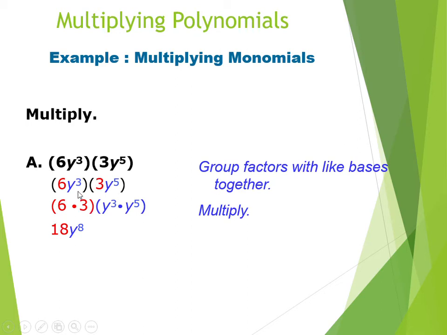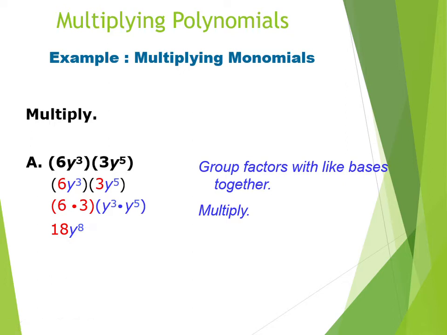And since, again, the rule for multiplying polynomials is to copy the variable, we copy the variable y since they are the same, as you can see here, y cubed and y raised to 5. For the exponents, you just need to add 3 plus 5, which is 8. So the result for 6y raised to 3 times 3y raised to 5 is 18y raised to 8. Simple as that.